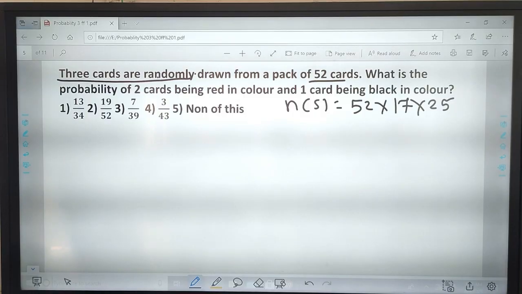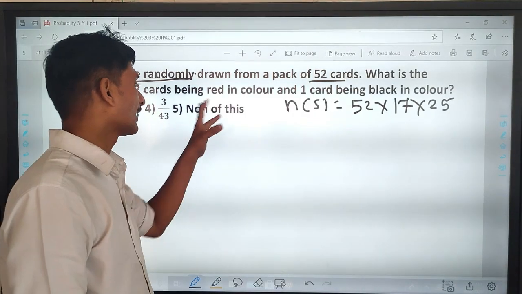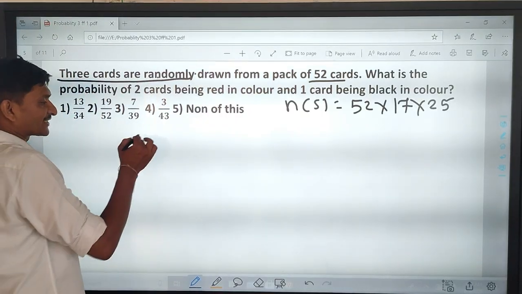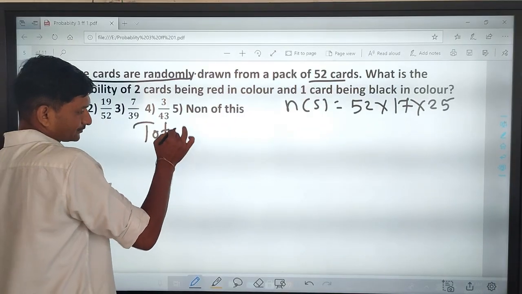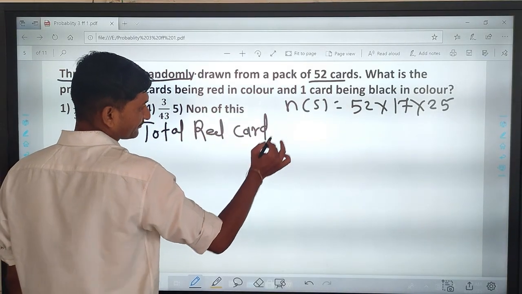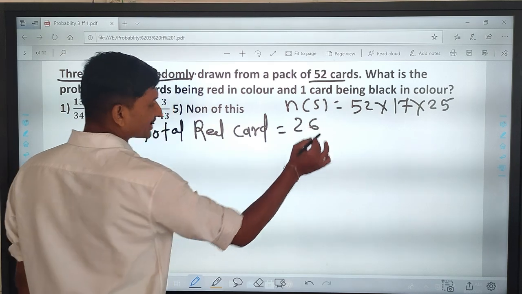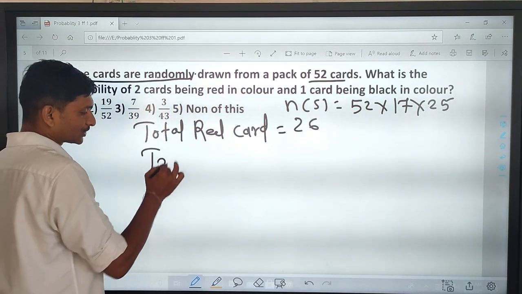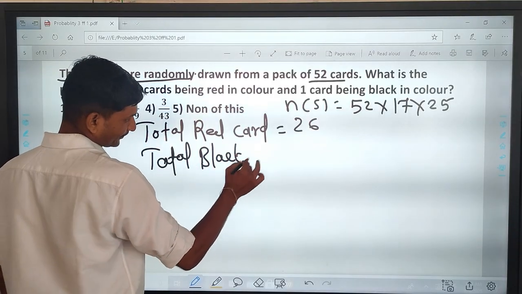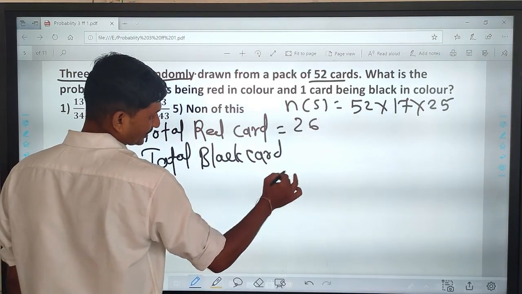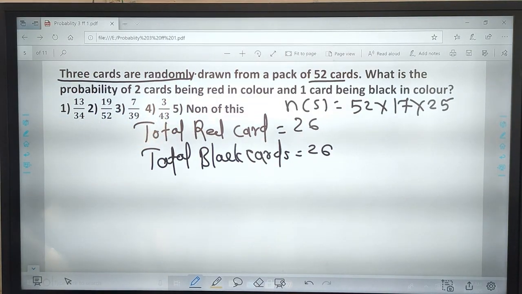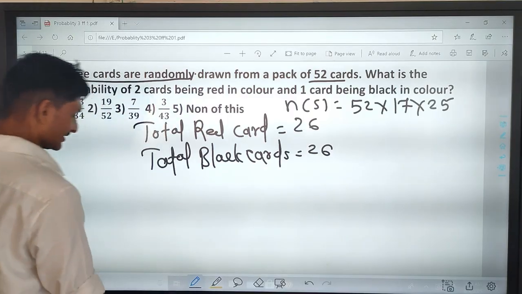Here, out of 52 cards, total red cards are 26 and total black cards are 26.